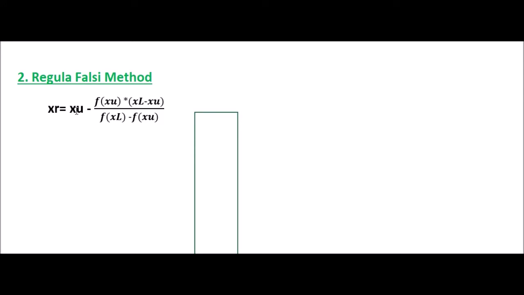Sometimes, this is not xu sa mga ibang reference. Okay? Minsan, ang xu, by the way, itong xu at saka xl, this is our upper and lower limit, or kumbaga, this is your x positive or x negative. Kasi in regula falsi method, usually meron tayong tinatawag na initial guess. Okay? Before tayo mag-solve, meron na tayong initial guess kung what is the interval of our answer.